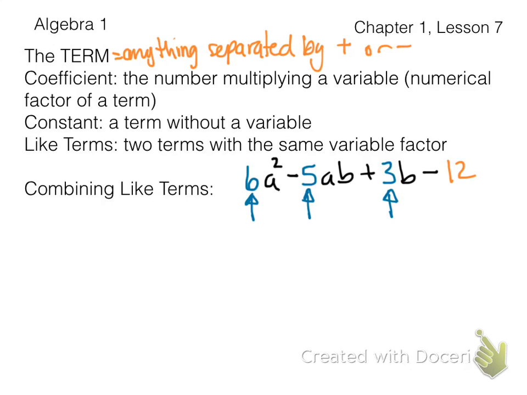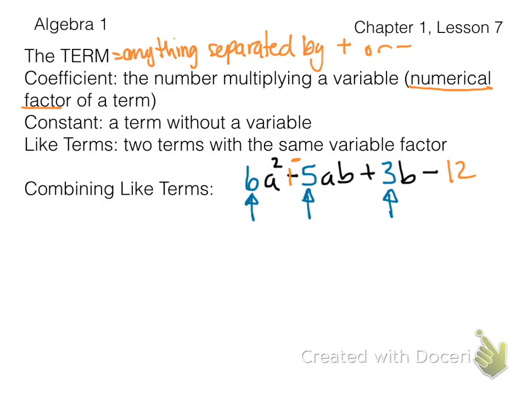And actually, just to make it clear, it's a negative 5 that's the coefficient, because I had to add the opposite, right? So a coefficient is the numerical factor. Numerical means number. Factor means multiplied by. So we're multiplying, in this case, the 6 times a squared. So the coefficient is the 6 because it's the numerical thing that's being multiplied.